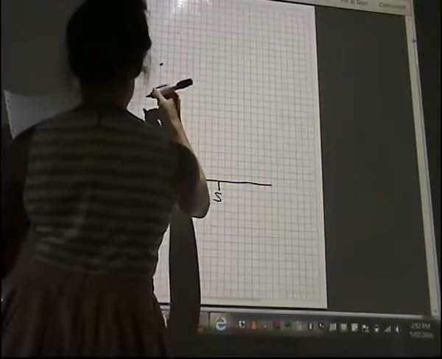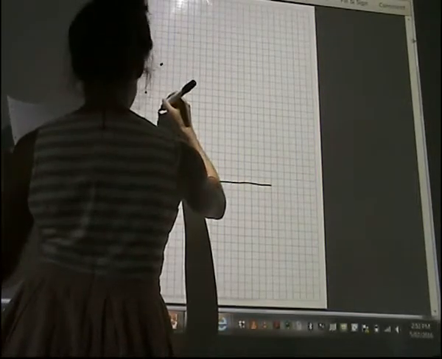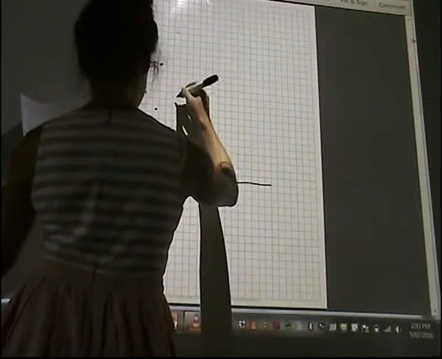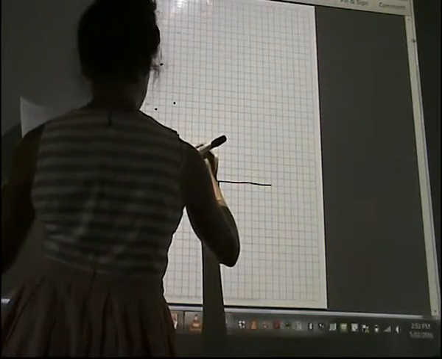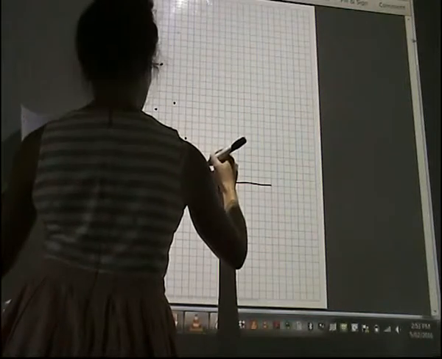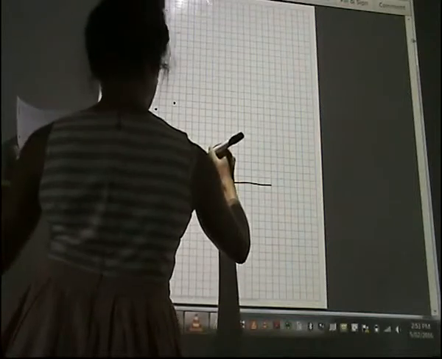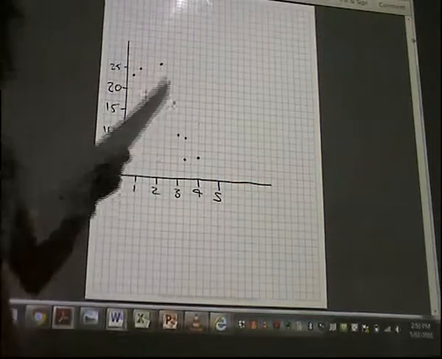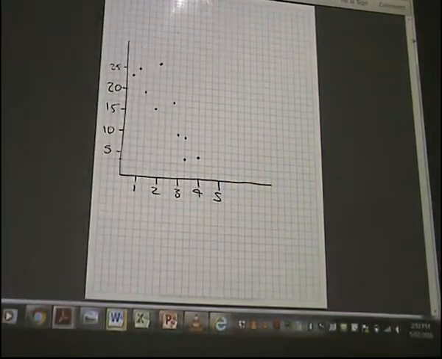This is probably a little bit rough, but I'm trying to make it fairly similar to what's on your page. Alright, so this is meant to be the same scatter plot as that. We'll just go with it.